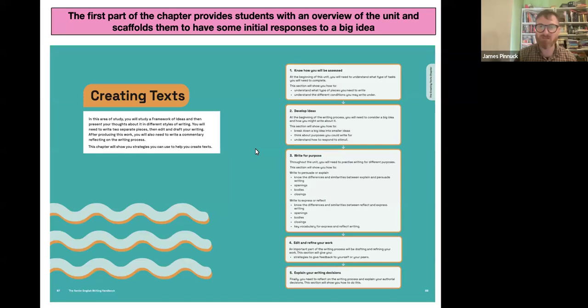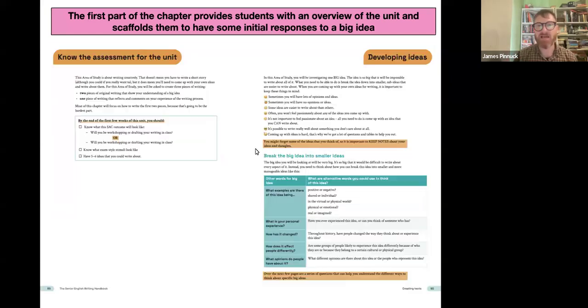So the first part of this chapter is about how this unit operates, and it's also about what assessment tasks you might be doing, and how kids can initially break down the big idea into smaller ideas.